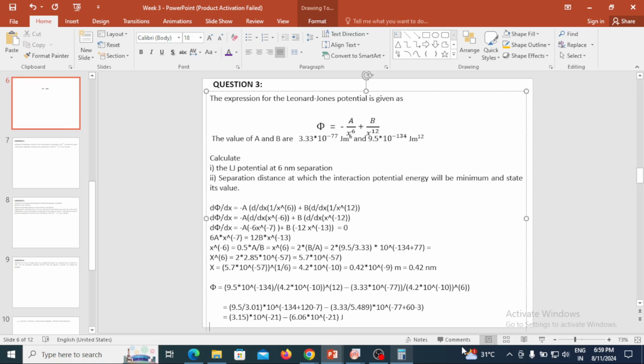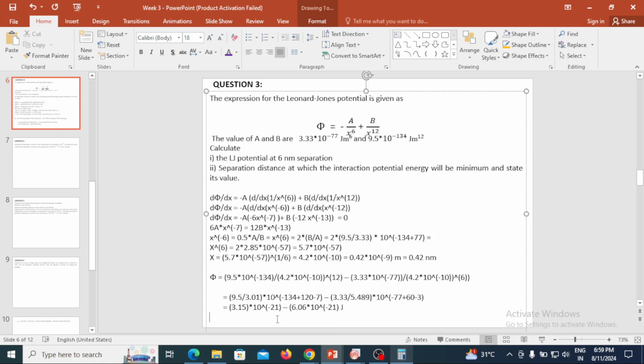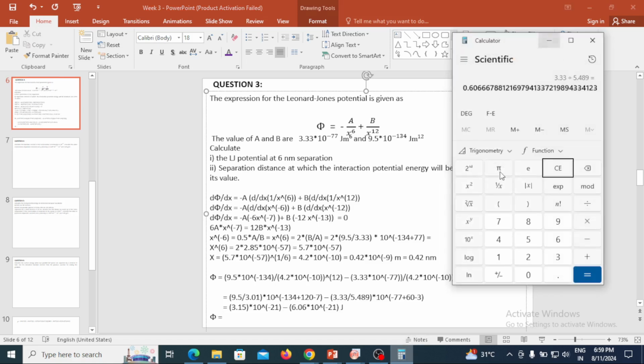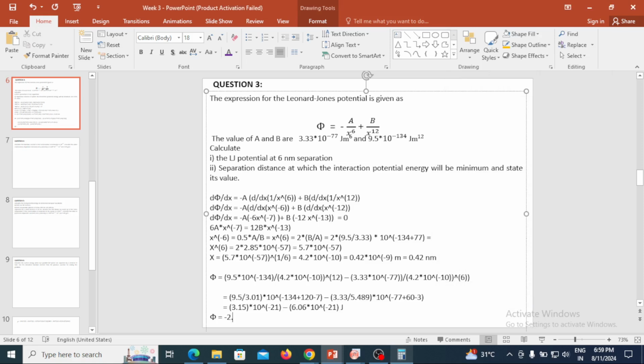So if you further simplify this, the value of phi will be so 3.15 and 6.06, minus 2.91 times 10 to the power minus 21 joules.